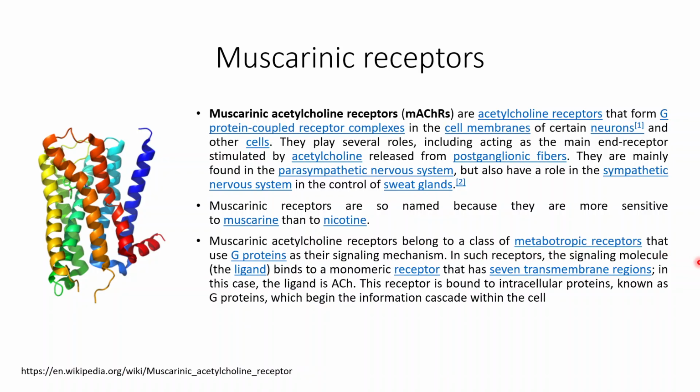In such receptors, the signaling molecule or ligand binds to the receptor. And as we know, GPCRs all have the 7 transmembrane domain structure, and this then leads to the signaling cascade. So these are muscarinic receptors.